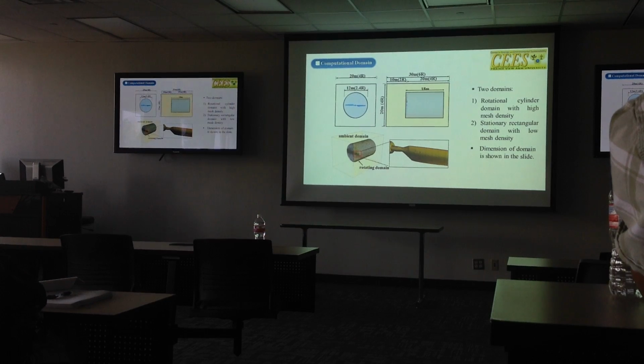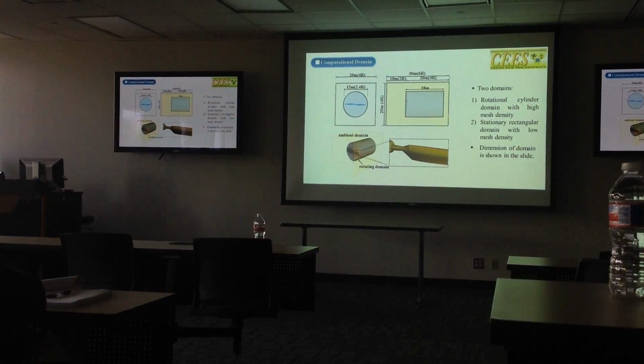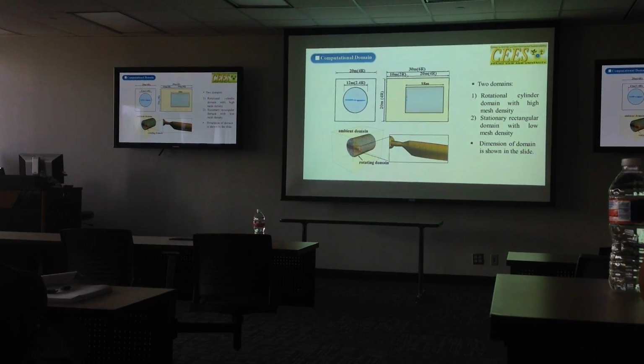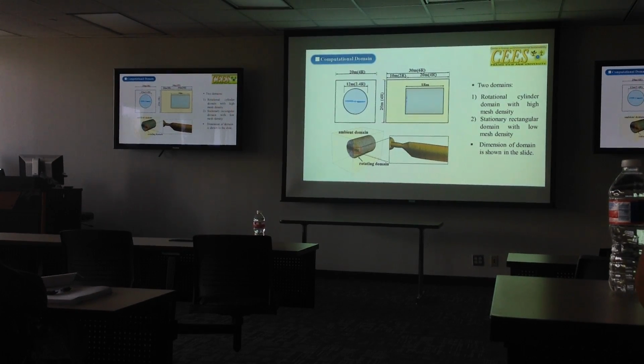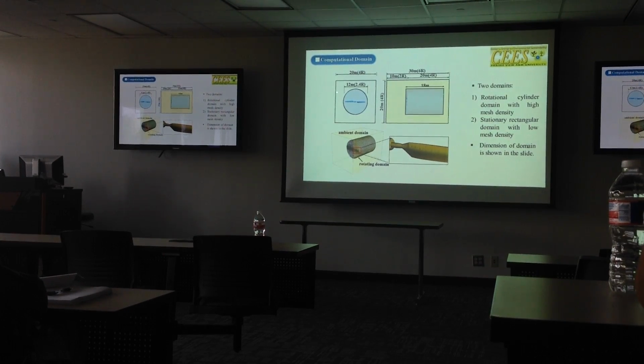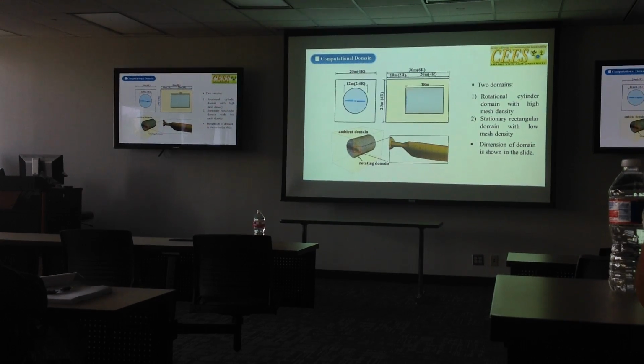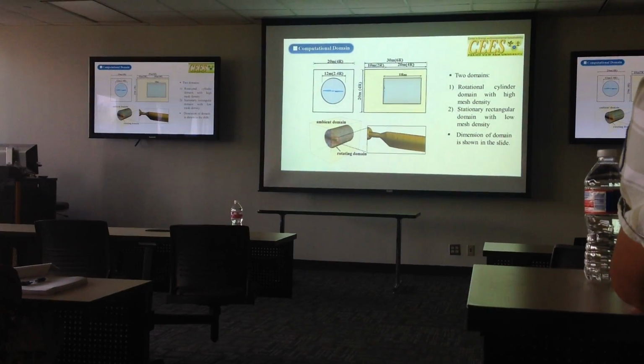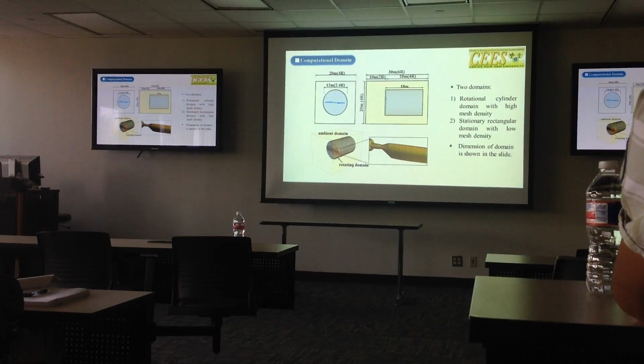After getting the geometry for our CFD simulation, the next step is to find a proper domain and a proper mesh. In our study case, the proper domain we found has 2 parts: a cylindrical rotational domain and another rectangular stationary domain.